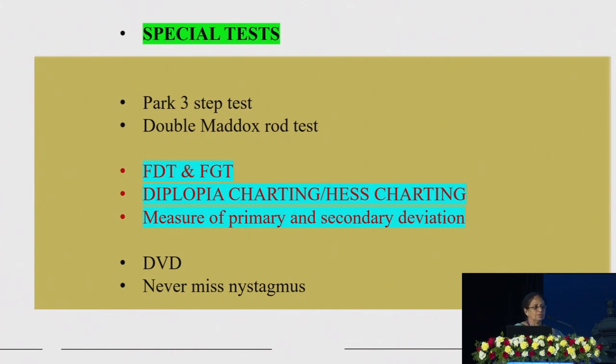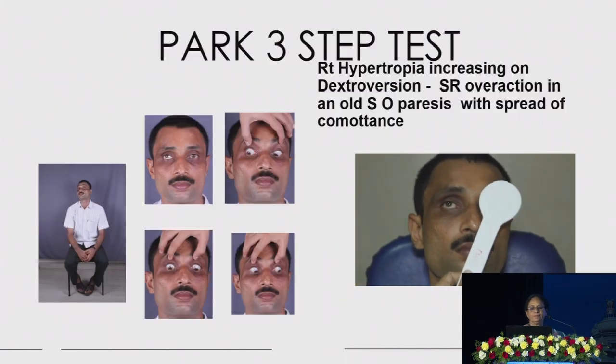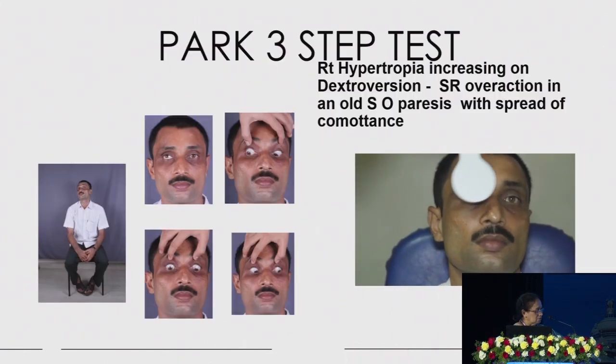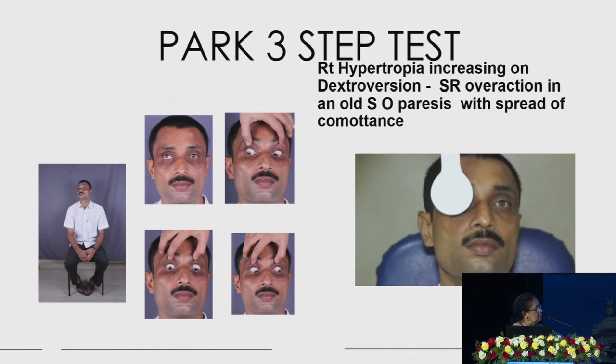And after that, you have to have so many special tests there. Parkes 3-step test is important in cyclovertical analysis, muscle analysis. Double Maddox rod to assess the torsion. And this is how you do the Parkes 3-step test.